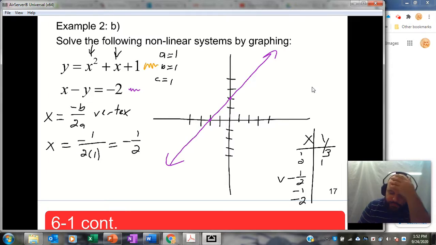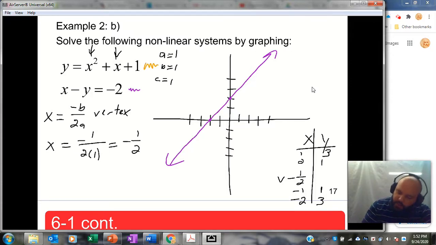Now I'm going to skip the 1/2 for a second because that's the one I'm going to do by hand. If I plugged in negative 1, squared would be 1, and then 1 plus negative 1 would be 0, and 0 plus 1 would be 1. And then when I plug in negative 2, squared is 4, plus negative 2 would be 2, plus 1 is 3. So you can see there's those.